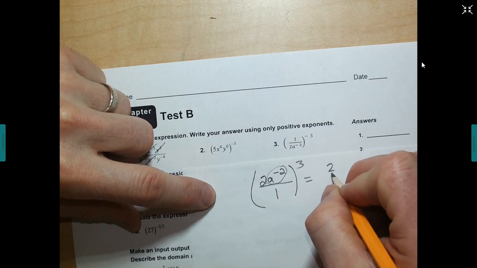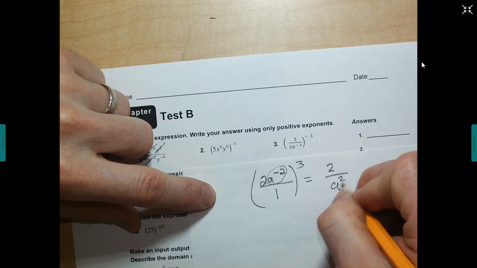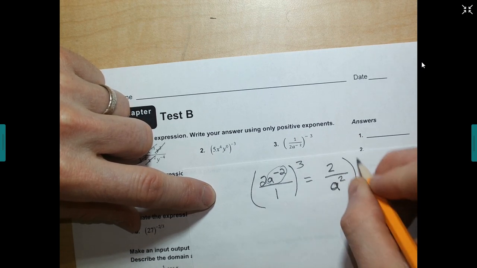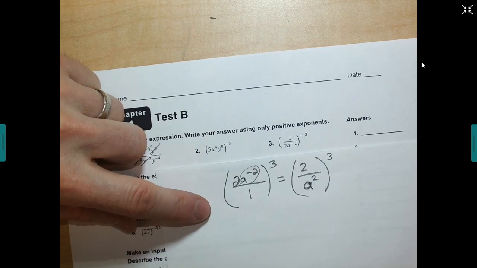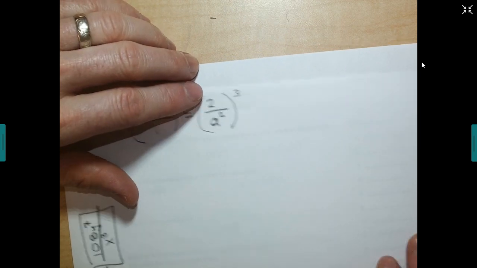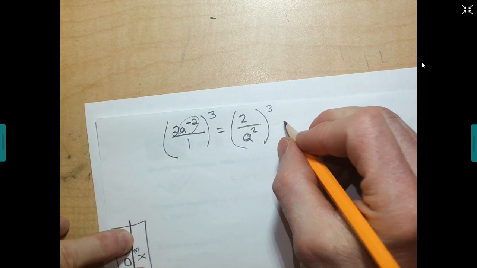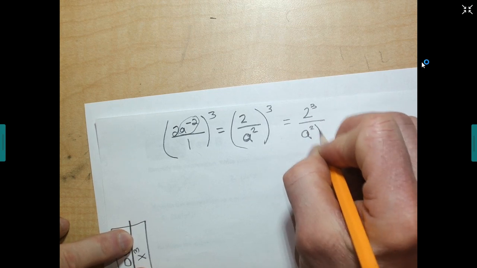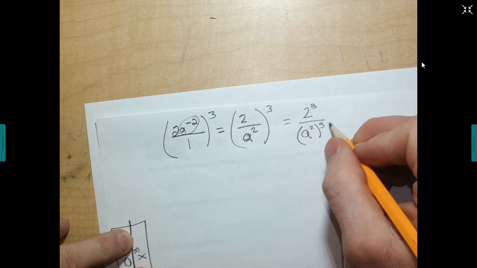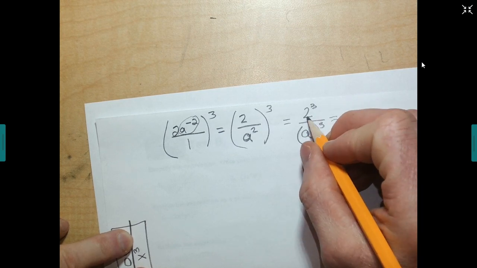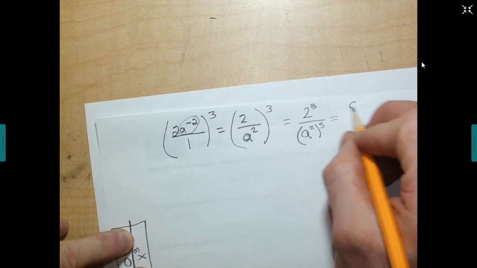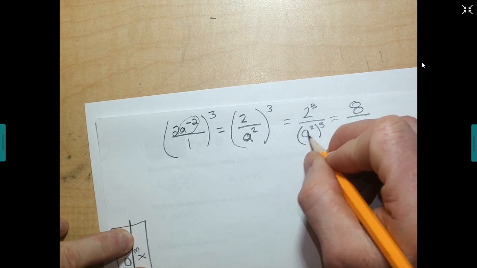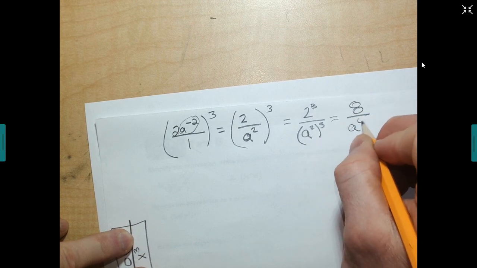So I have 2 over a squared, and that's all to the third power. And now, I have no more negatives. So I have 2 to the third power over a squared to the third power. 2 to the third power, 2 times 2 is 4 times 2 is 8. So I have 8 over a squared to the third, so that's a to the sixth.